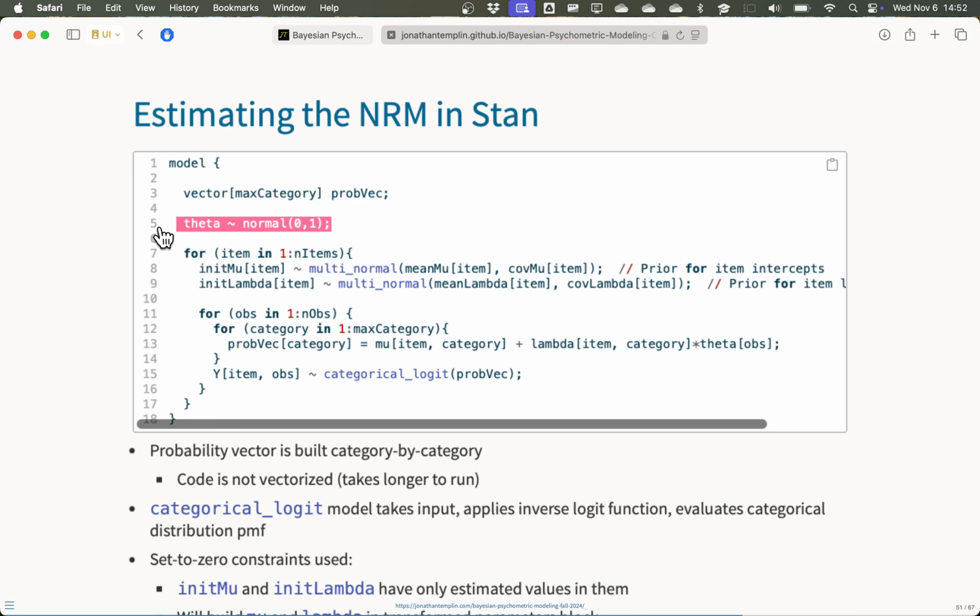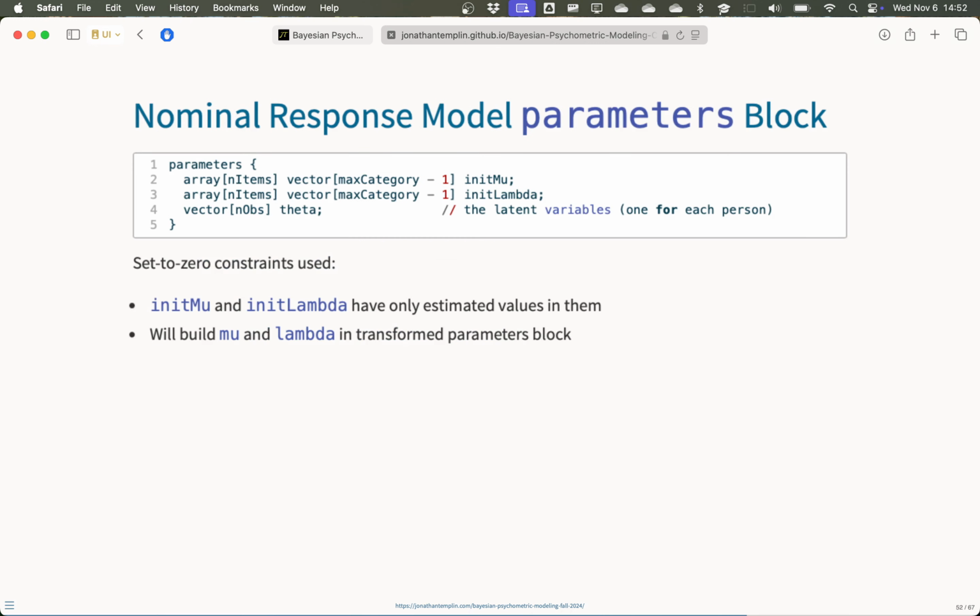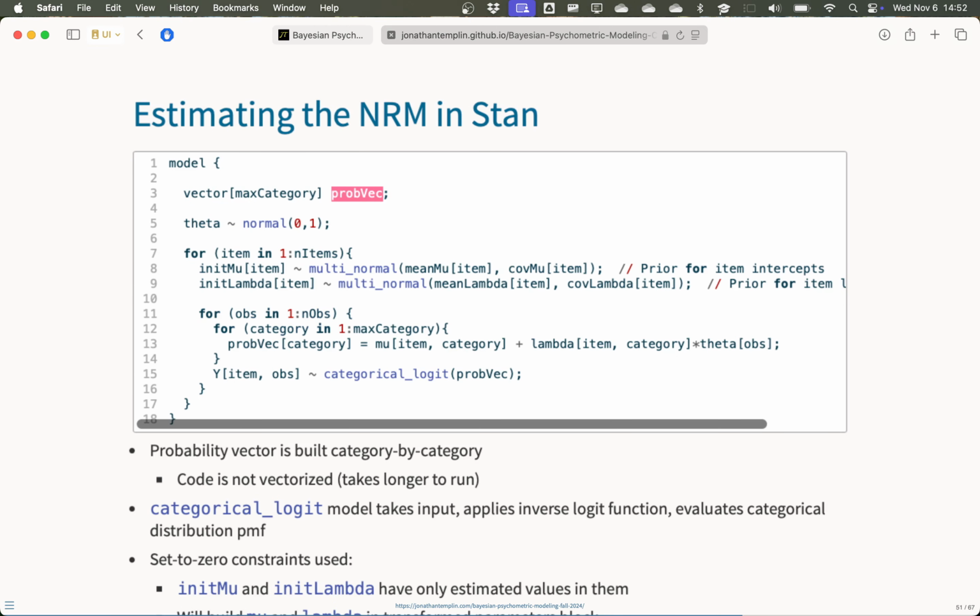Finally, we can have a theta distribution that's standard normal. And then I didn't mention this, but probvec I defined at the very beginning of the model statement as a vector, because I don't need probvec to be saved in my output. This is different than defining it in the parameter statement right here, where if I put probvec in here, it would save the values of probvec across the Markov chain, making my output extremely large.